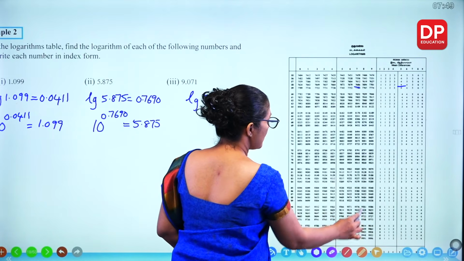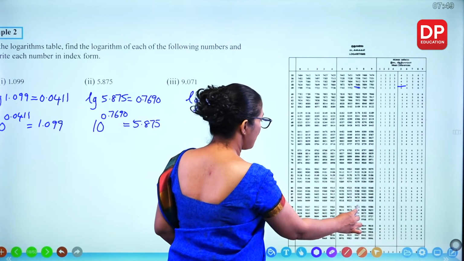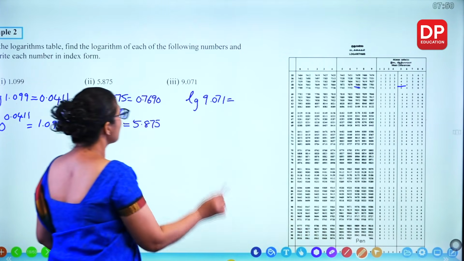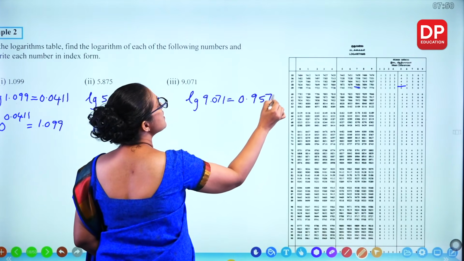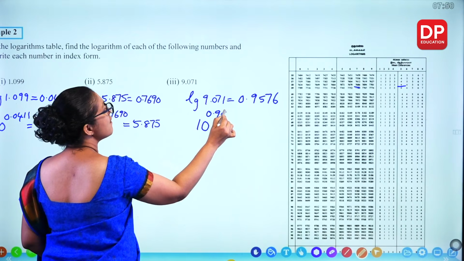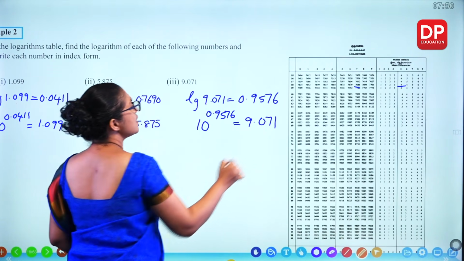So 97. 95. 95. 76. So what's the 10 to the power 0.9576 is equal to 9.071.